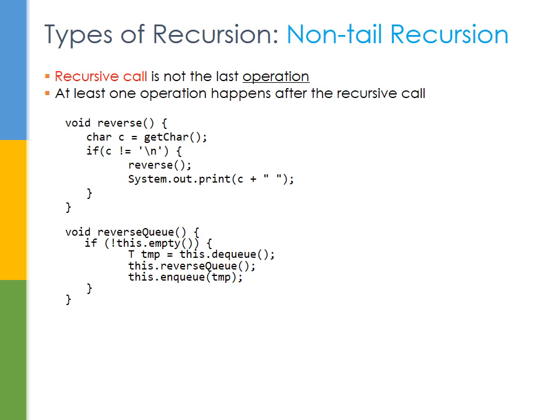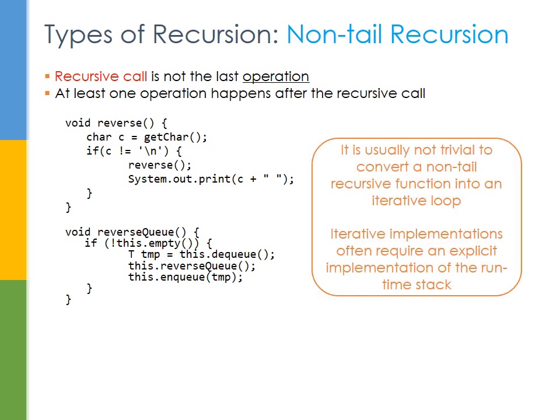So essentially what will then happen is that the last item in the queue will then be the first item into the queue, so it will now be at the front of the queue. And after all of the recursive calls have been executed, then this will mean that our queue contains all of the same elements that were originally in the queue, but they will now be in reverse order.